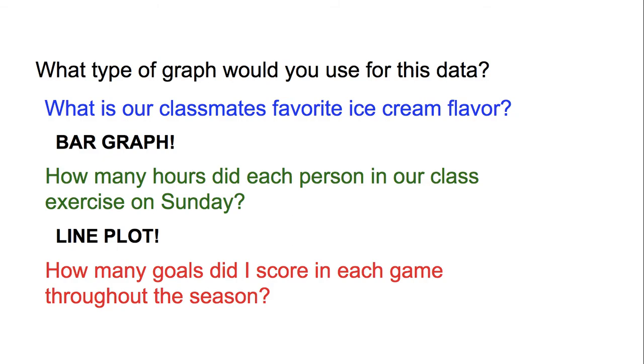So there's going to be multiple games and multiple answers. Did I improve over the season and score more goals per game? Did I decrease my goals and have a tougher time as the season went through? So if I'm looking at numeric data over a period of time, the entire season, then I must be looking at, that's right, has to be a line graph showing change over time.